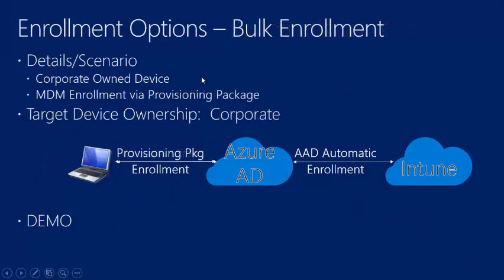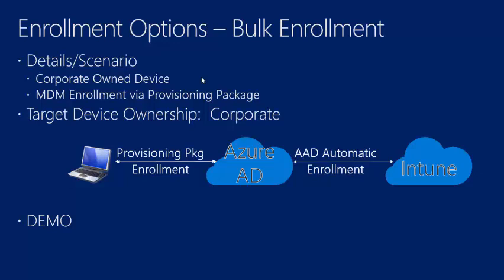So bulk enrollment. This one's an interesting scenario to me. It goes a little bit of a different pathway. In this scenario, the device that we're going to enroll is a corporate-owned device, right? The enrollment here is going to be done not by any user of that device, but by applying a provisioning package to the device.